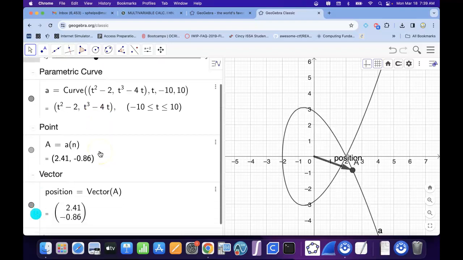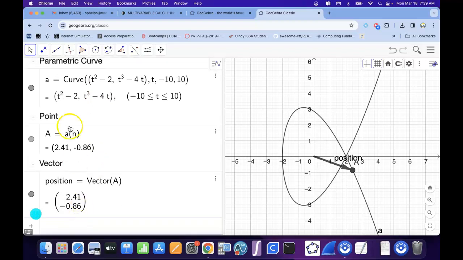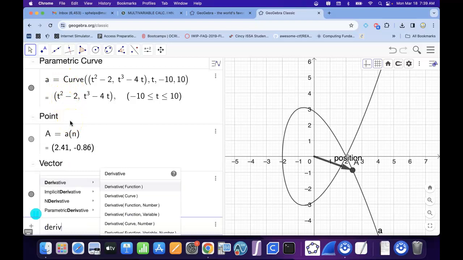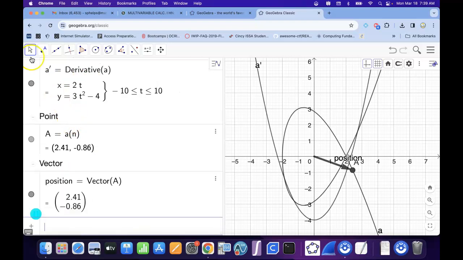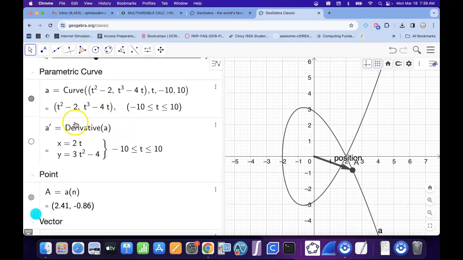Now, if I took the derivative of the A curve, so I'm just going to go derivative of A, and I'm going to hide the graph because you don't need it. If you compare the derivatives, this is not doing the derivative like we know the derivative. This is taking the derivative of each part.